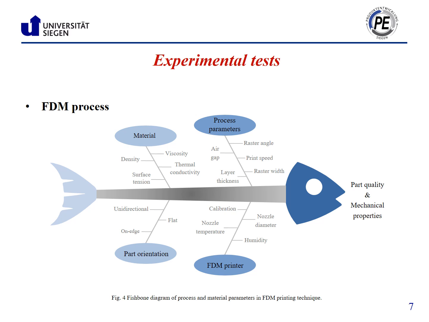For instance, as you can see, raster angle and width, printing speed, and also air gap and layer thickness should be considered as parameters which influence the mechanical properties of 3D printed parts. However, it is often difficult to control all of these parameters together. So it is important to investigate and determine the effect of these factors on the performance of the 3D printed parts.